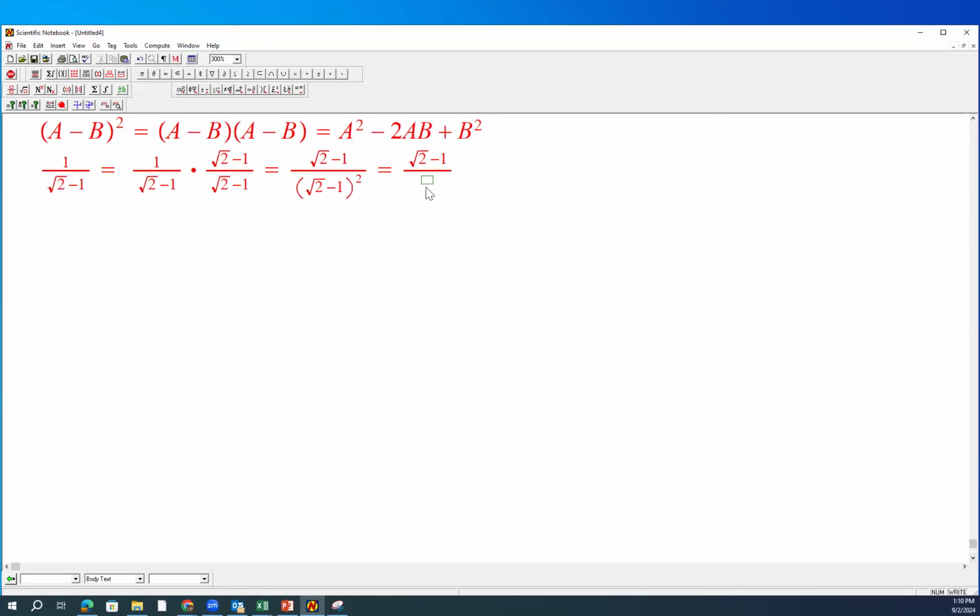And the student will get root 2 squared minus 2 times root 2 times 1, plus 1 squared. So we follow that formula, root 2 squared, and we keep going, so the student keeps going.